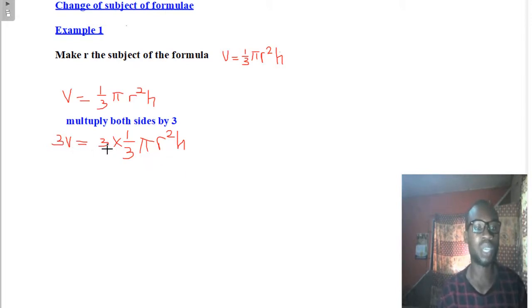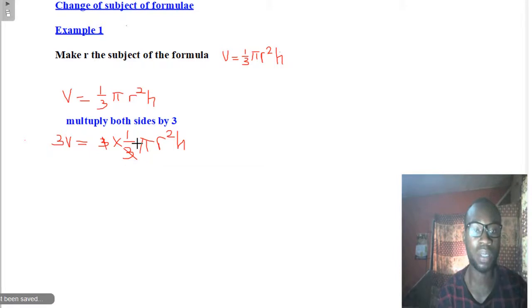What we have just done is that we multiplied both sides by 3. So here, this 3 cancels the 3 in the denominator, so we just have 1. So we have 1 times pi times r square times h.